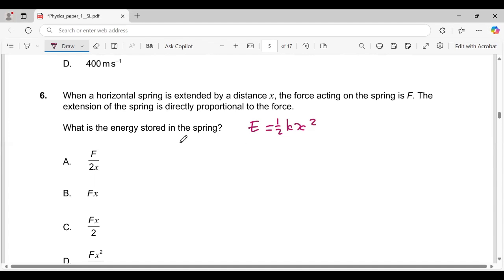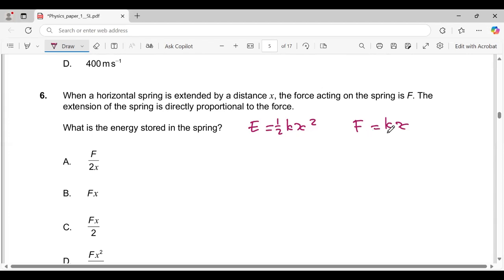And the formula of force is F equals K times X. K is spring constant, X is extension of spring.